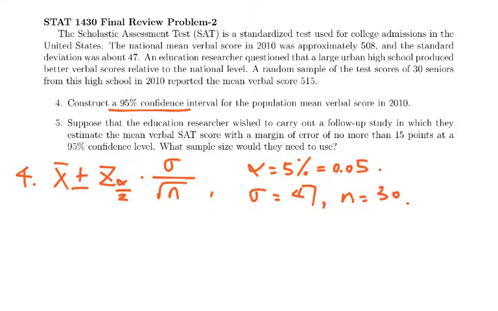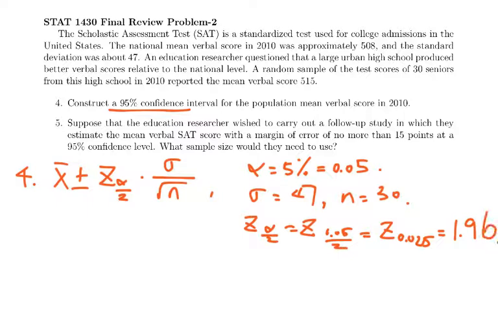From the normal table, z sub alpha over 2, that is z sub 0.025, is equal to 1.96. And finally, x bar here is equal to 515.